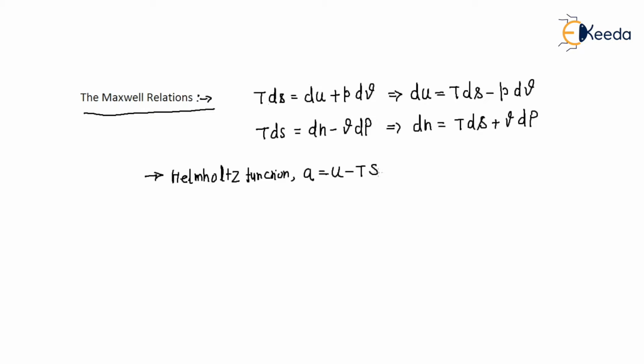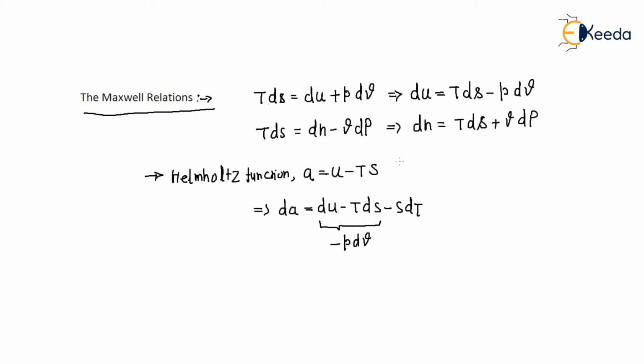If you differentiate it, dA is equal to du minus tds minus sdt. So du minus tds is equal to minus pdv.